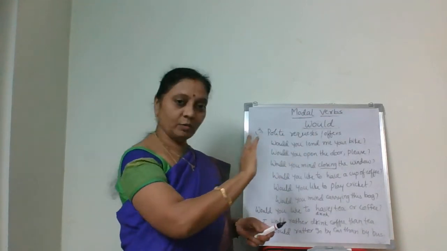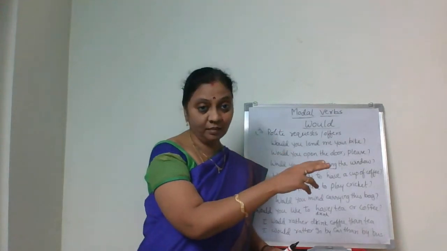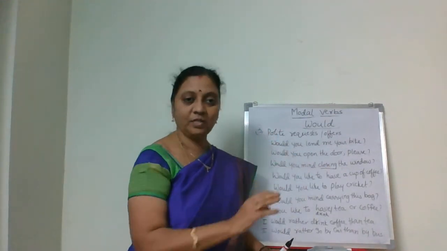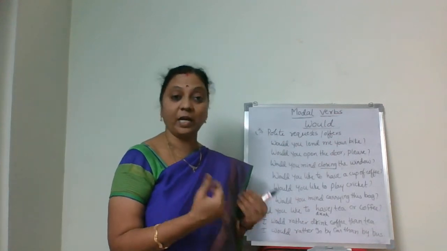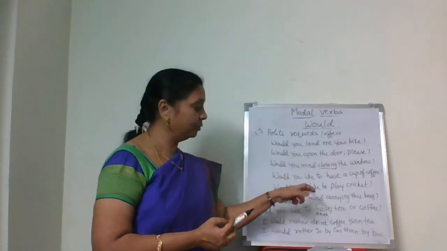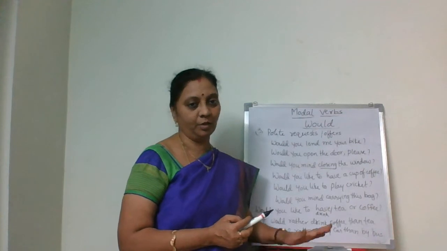Would you please close the door? That is also there. Would you mind closing the door? Please don't mind, please close the door. So in such cases, it is a polite request. But whenever you use mind, you have to add the ing form, that is the thing you have to remember.